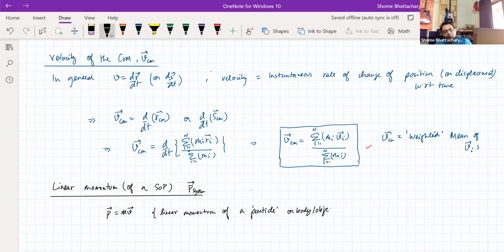A body or object or whatever. Okay, so linear momentum of a system is defined as its total mass into velocity of the center of mass.